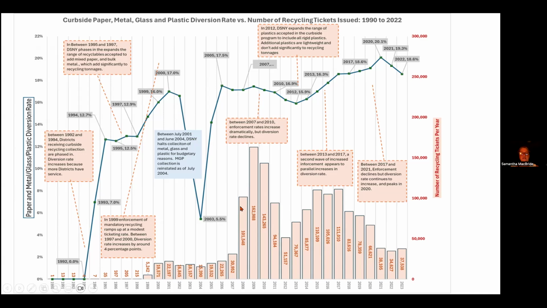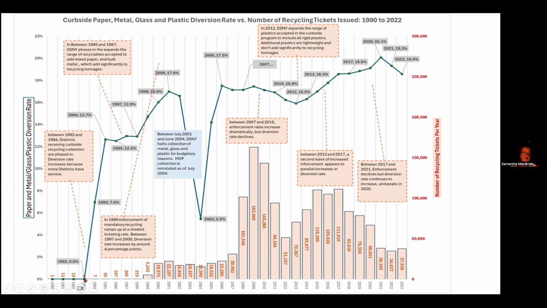So I took the data on the number of tickets that were issued over time, going back to 1990, and that's what is shown in the bars here. The number of recycling tickets per year is shown at the bottom. And then I charted the recycling rate as the line graph.